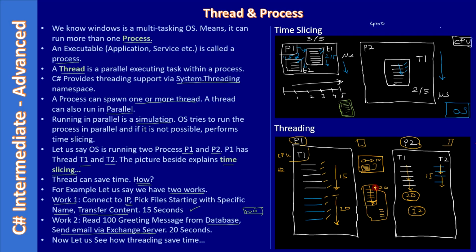But if it is running in parallel, because of time slicing and context switching between the threads, the user can type something and see whatever action they perform appearing on the UI control, and in the meantime the background task also goes on and gets completed. That way it will increase the performance of the application.